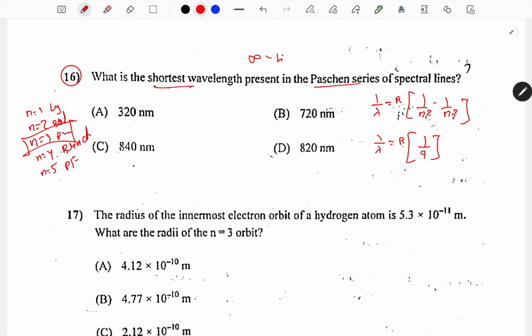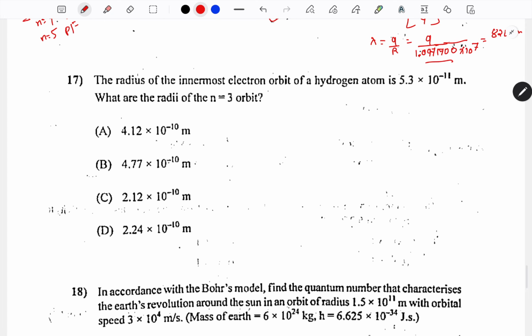So 3 square is 9. Therefore lambda is equal to 9 by R, and R is 1.0971700 into 10 to the power 7. So our answer will be 820 nanometer, option D. See, in this question you have to go with maximum numbers of approximation because two answers are similar. So for that you have to go for more approximation. What does the next question say?